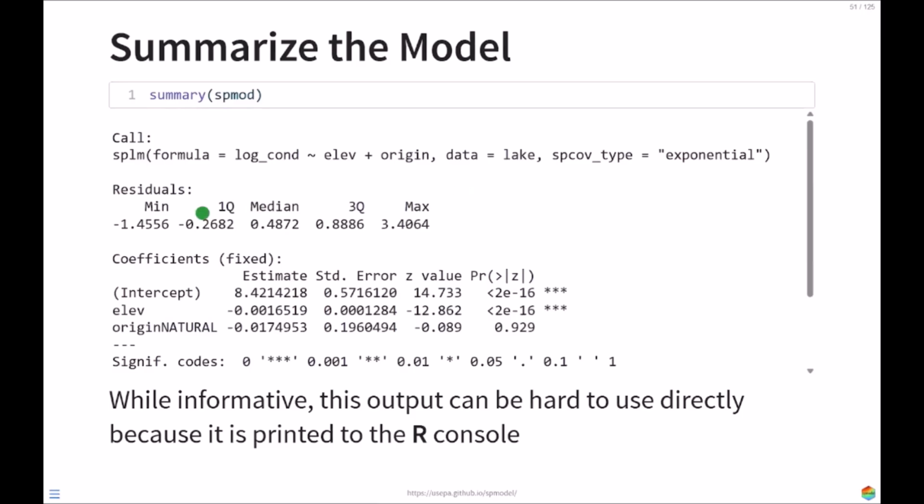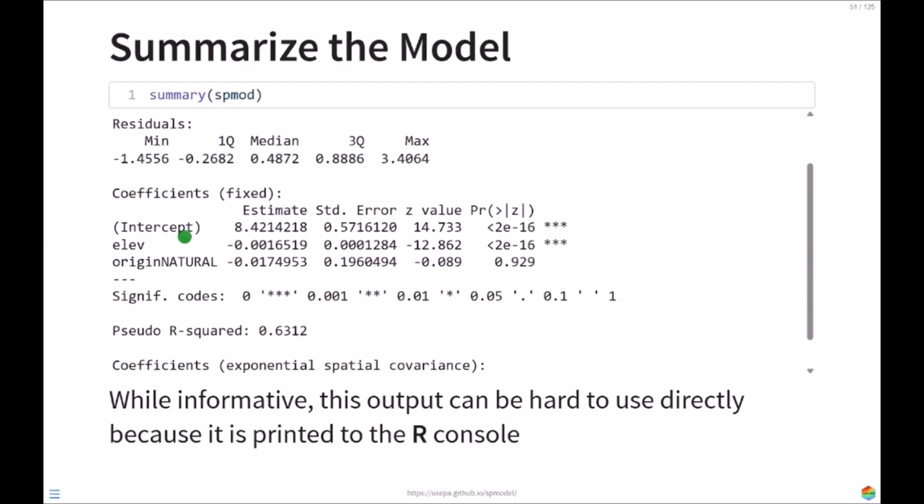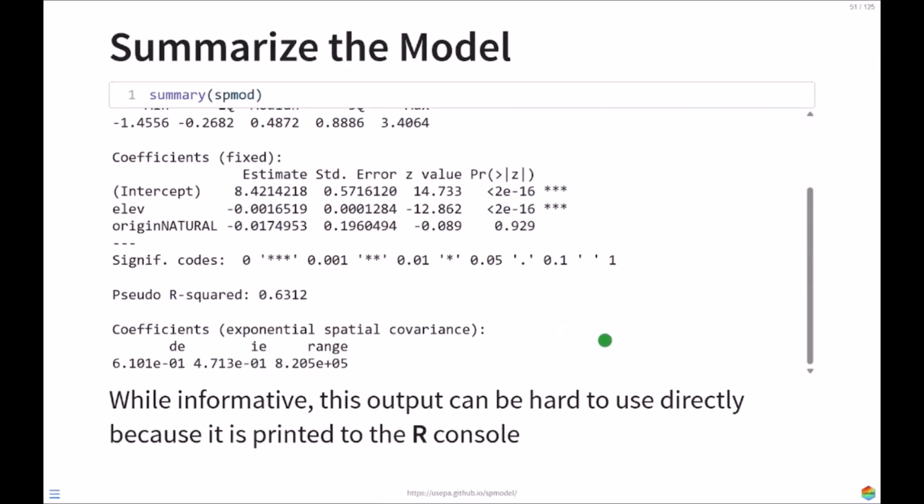When we summarize the splm object, we get, again, something that looks really similar to lm. We get the original function call. We have our summary of residuals. We have our coefficients corresponding to the fixed effects. So those are our estimates of the slope parameters, their standard errors, associated p-values. We have a pseudo R-squared, which emulates that R-squared, meaning from the summary how much variability in my data is explained by those fixed effects.